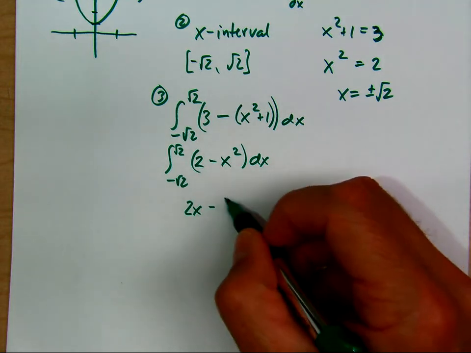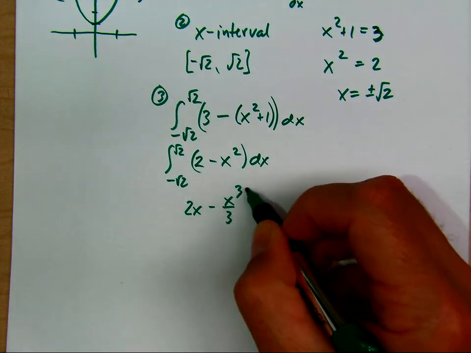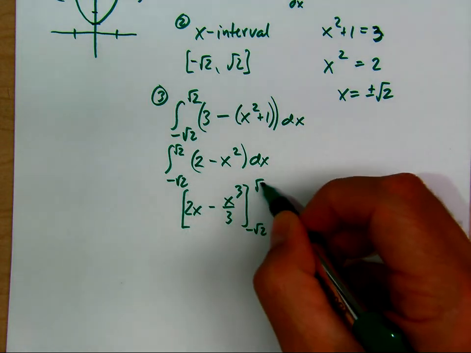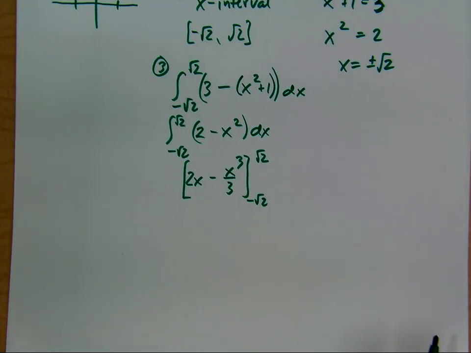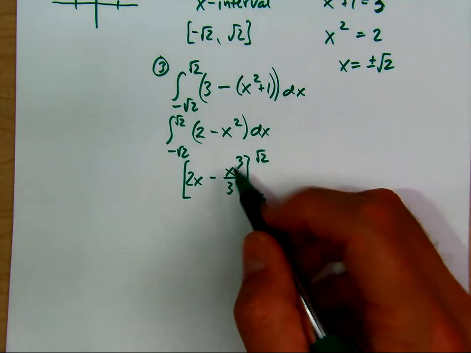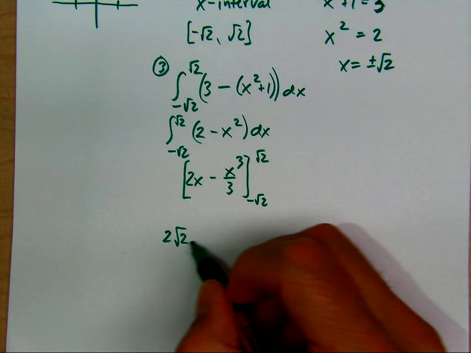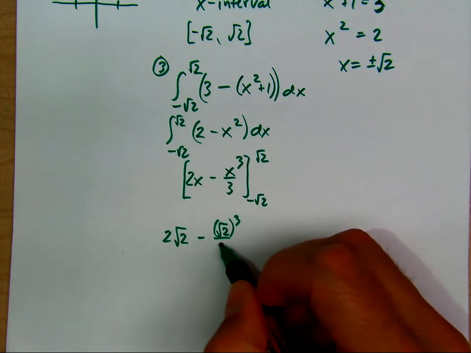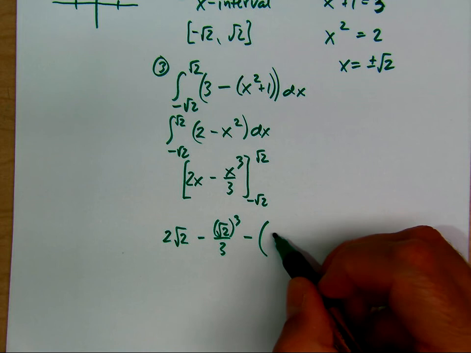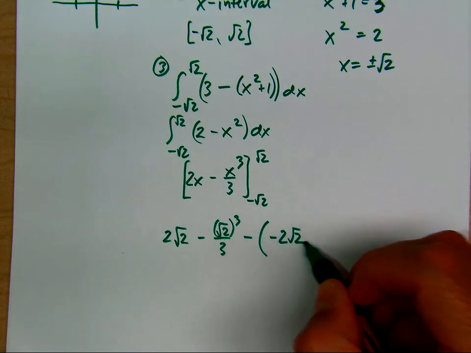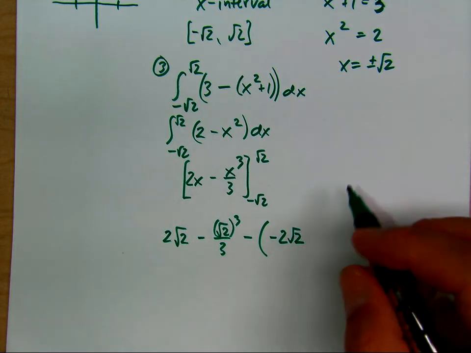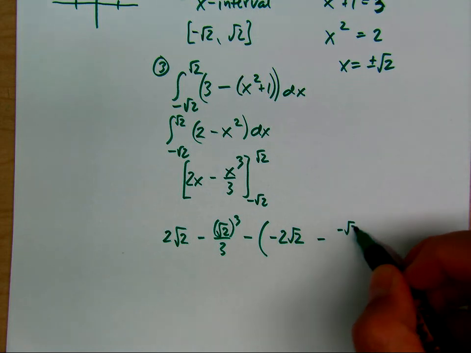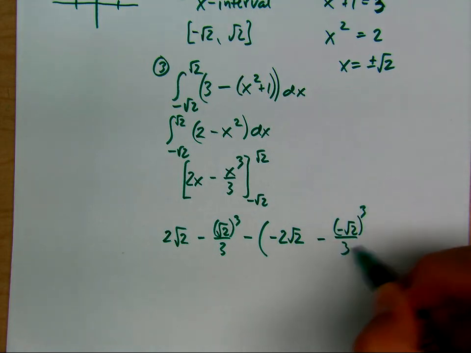X squared is x cubed over 3, from negative radical 2 to radical 2. Substitute the radical 2 in, and we'll have that.